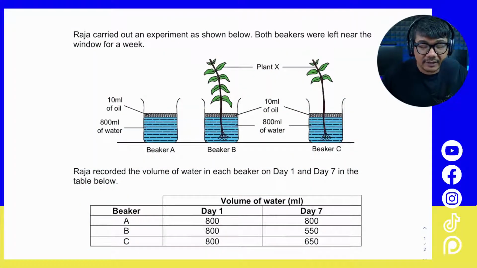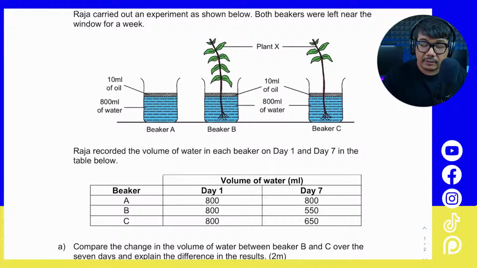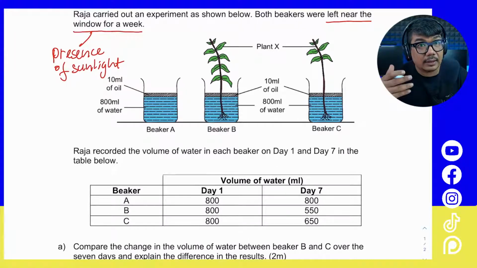This question starts off with: Raja carried out an experiment as shown below. Both beakers were left near the window for a week. Now if we take a look at this part of the question, it says left near the window for a week. This is in fact important because this tells us that there is the presence of sunlight. And we know that when a plant needs to photosynthesize, one of the important components is sunlight.